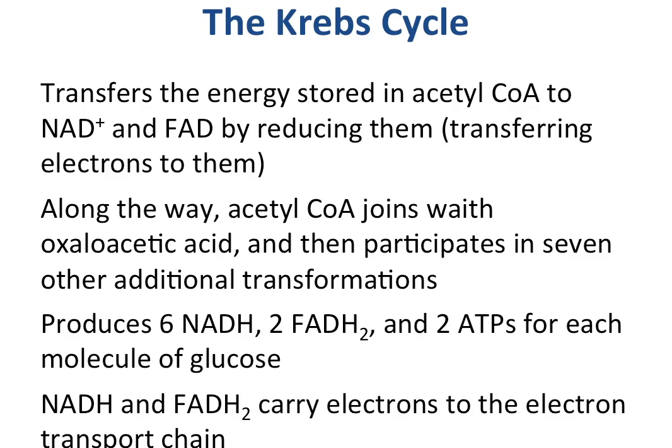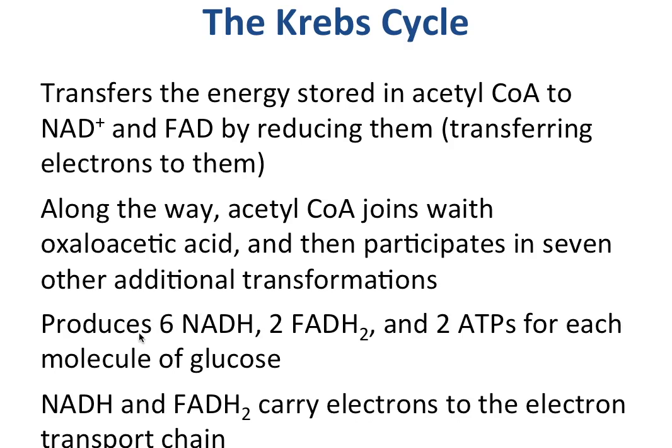So second is the Krebs cycle. In the Krebs cycle, we'll use acetyl-CoA and then break down the chemical bonds between the carbon atoms and release energy and release the carbon, okay, to form carbon dioxide.